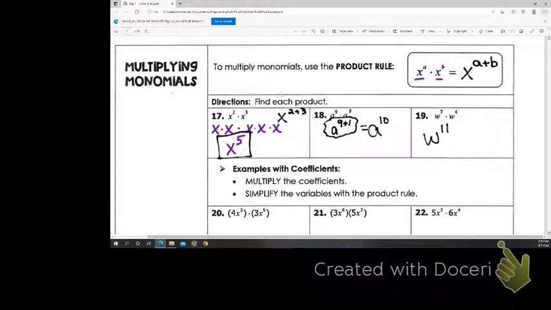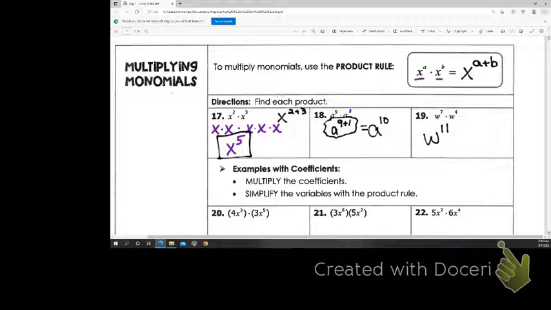So if there are coefficients, so if there are numbers in the front, notice that those numbers in the front, the coefficients, they're large, and the exponents are small and raised. Those large numbers don't behave the same way as the small numbers. This is still multiplication, so those coefficients are still going to multiply.